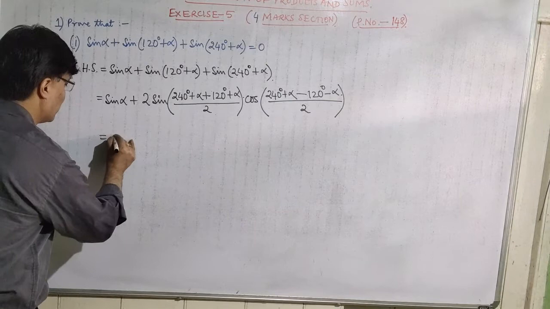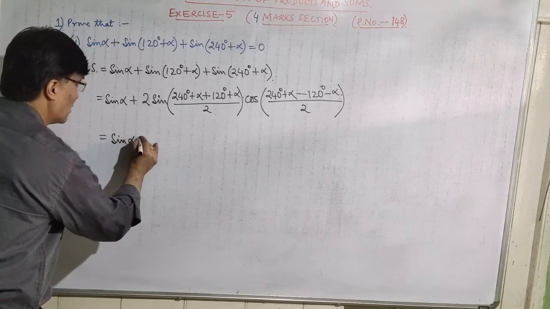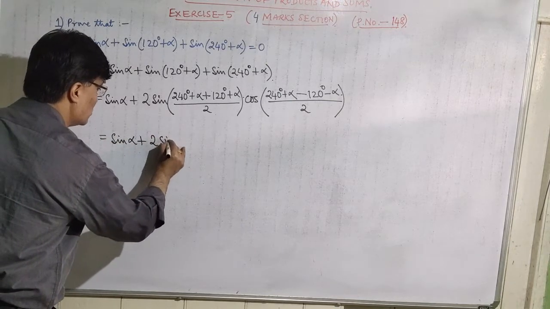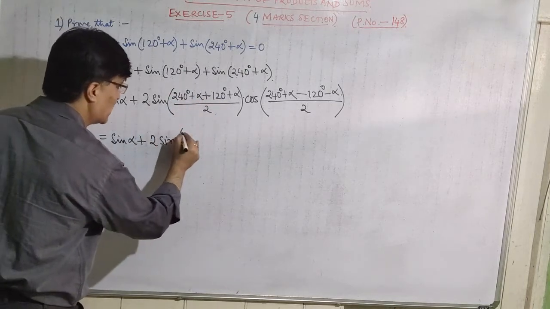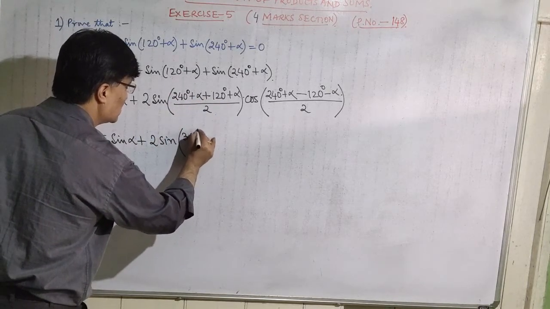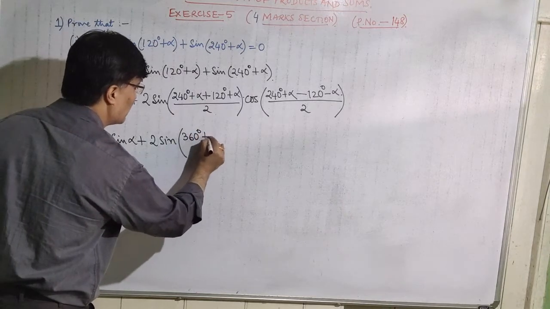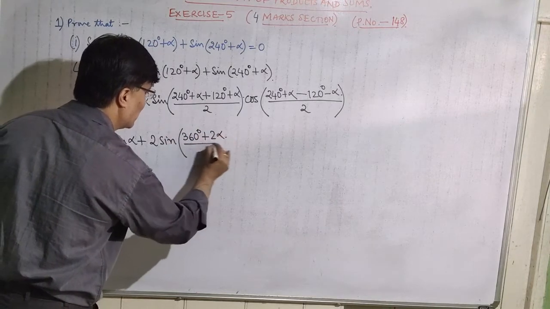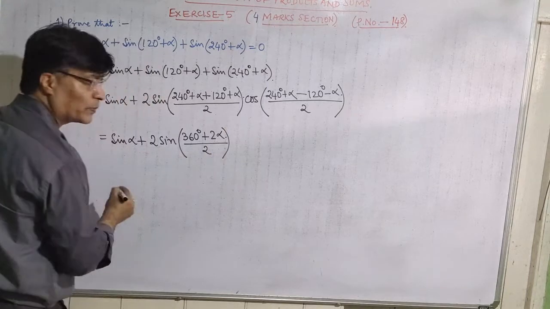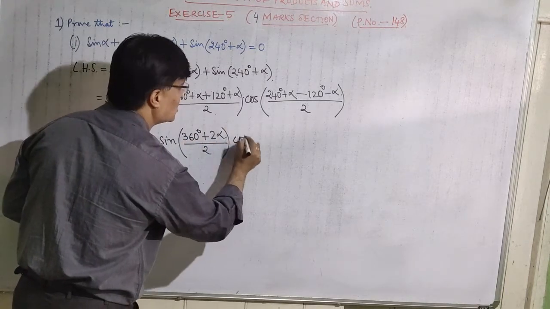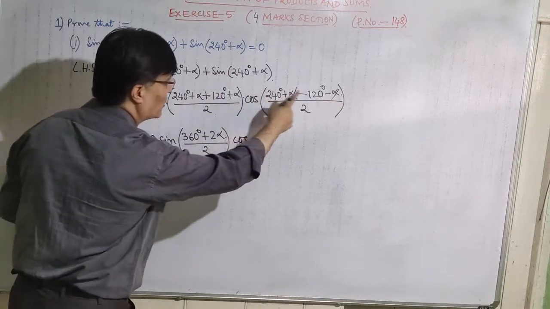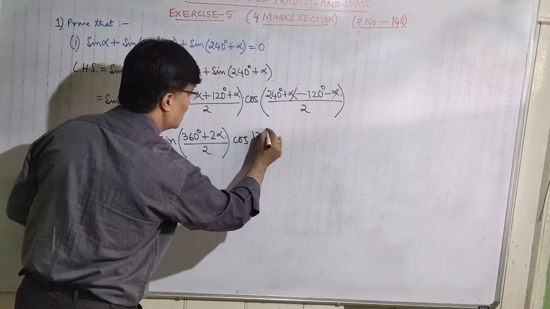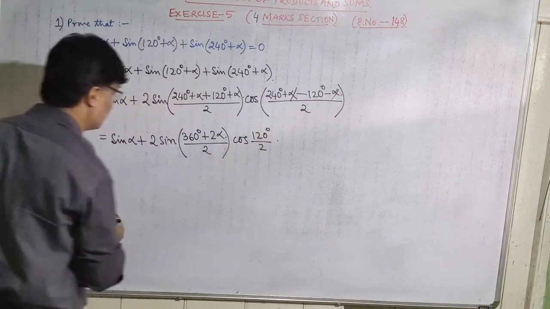So let us simplify it first. This is sine alpha plus 2 sine of (240 plus 120, that is your 360, plus 2 alpha) whole divided by 2. Then this is cos. Here alpha gets cancelled. 240 minus 120 is 120 degree divided by 2.